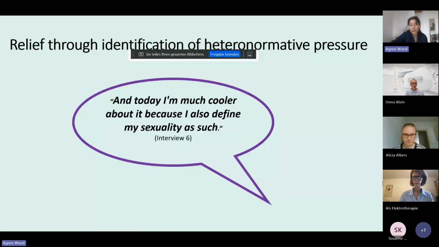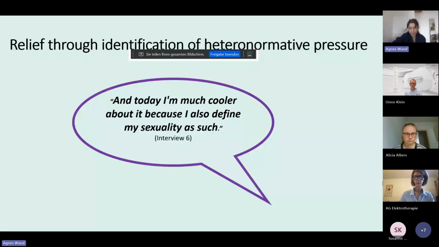What the interviewees reported was a very big relief, apart from anything that healthcare could provide them, was that if they could identify the heteronormative pressure they were having because of their condition and not being able to perform normal sex and other things like inserting tampons and all these kinds of things.